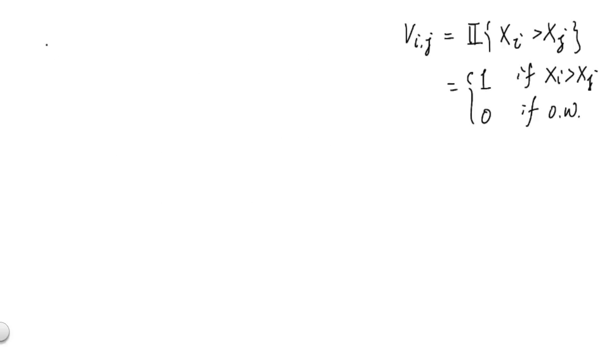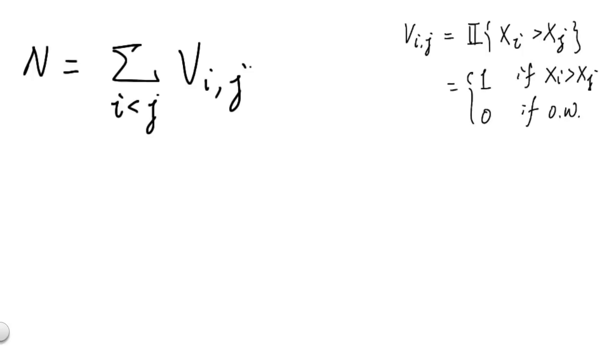With this definition in mind, we now see that the random variable N can be expressed as a summation over all pairs where i is less than j of the variable V_ij. That is, we go over all pairs i, j where i is less than j and count 1 if there's an inversion and 0 otherwise.